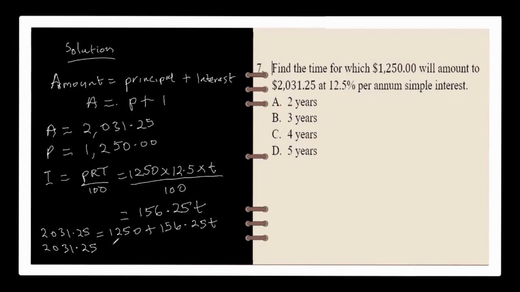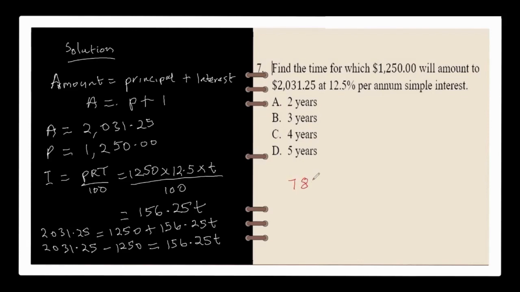Okay, so what you do now, you take 2031.25, then minus 1,250. This will give us 156.25 T. Okay. Now let's proceed. We discover that this subtraction here is going to result in 781.25.